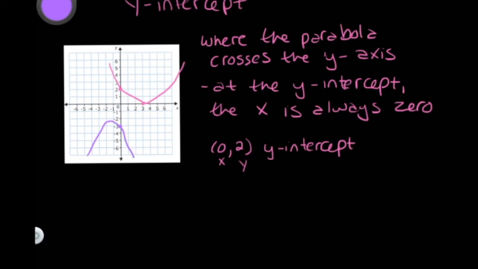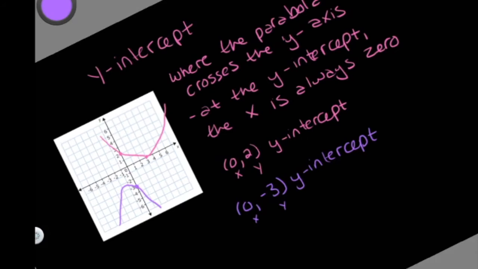Still not great because it's on my computer, but you get the idea. For this purple one here, where it's crossing the y-axis is at 0 and -3. So 0 and -3 is our y-intercept for the purple parabola. Okay?